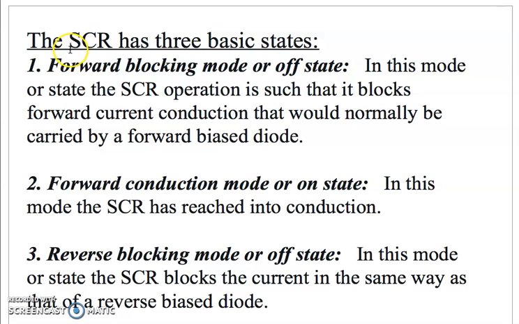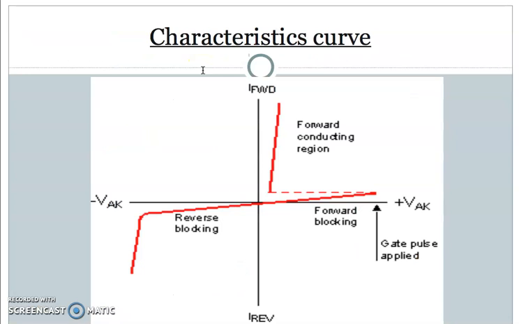So we are going to say that SCR has these different modes. One is forward blocking mode. This is forward blocking mode with no gate supply applied. Due to the J2 junction being reverse biased, a very small leakage current due to minority carriers flows, and this is in microamperes. This is forward blocking mode.